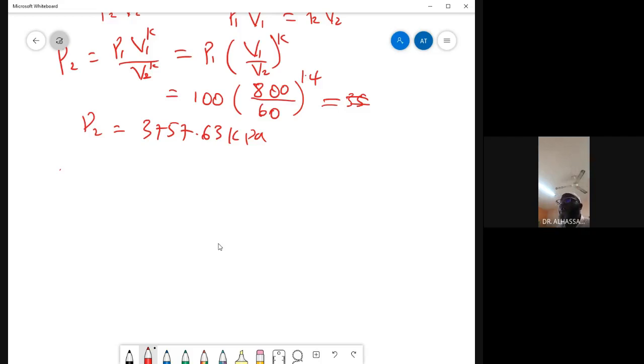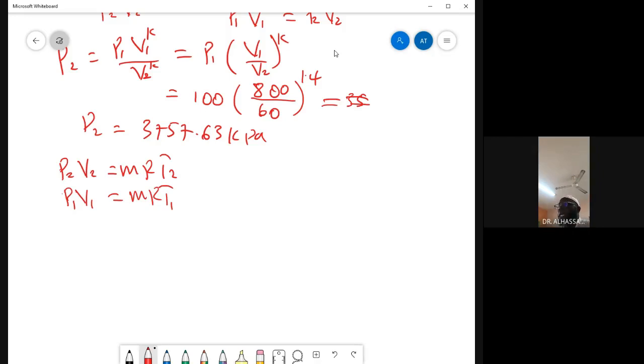So let's say P2 V2 equals M R T2, and then we also have P1 V1 equals M R T1. We are interested in T2.